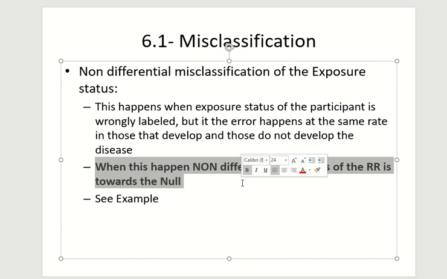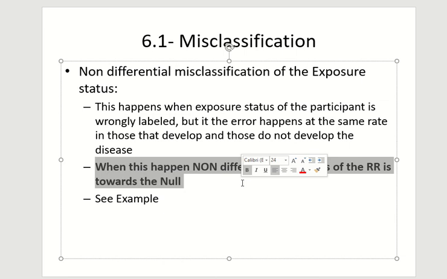So when you bias a relative risk toward the null, that means you are making the relative risk, or the odds ratio for that matter, closer to 1 than it really is. So maybe the true relative risk should have been 2.